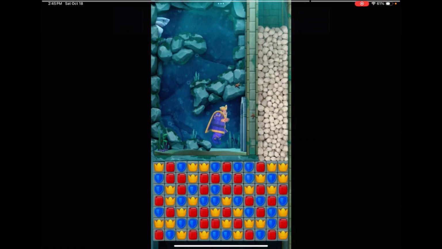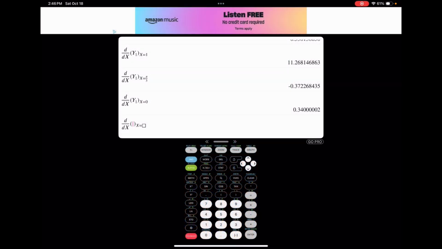Math 8. Okay, sorry about that. We had an ad, so I stopped it. So math 8, alpha trace y1. I forgot what it was. 1. All right, guys, so if you see that with a -5, with a little e to the -6 or whatever, that means 0. I wonder if I get the same thing on my actual calculator.